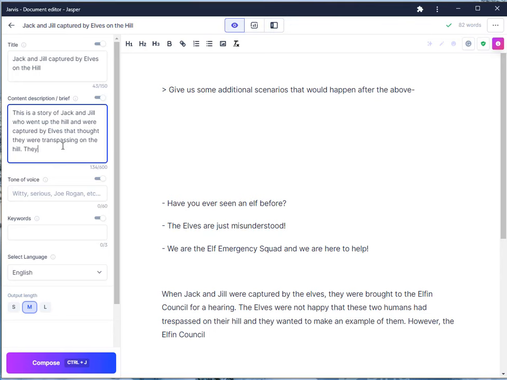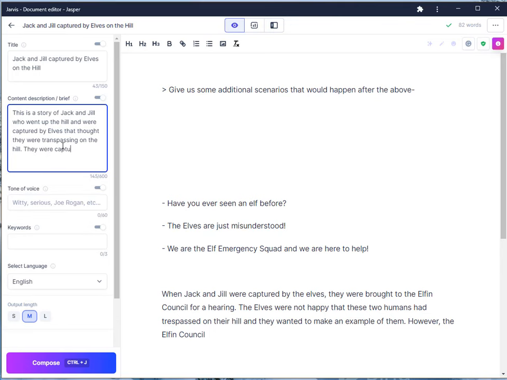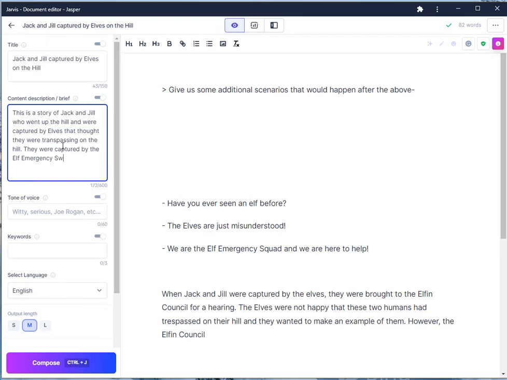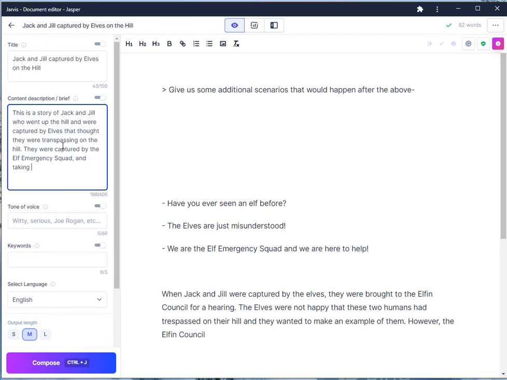So we can put, they were captured by the elf emergency squad and taken to the Elven Council.